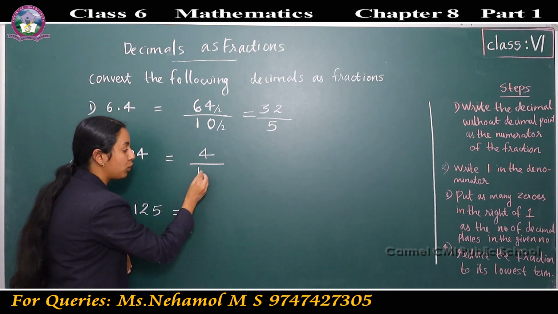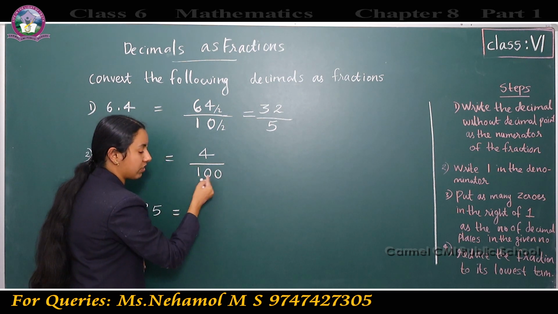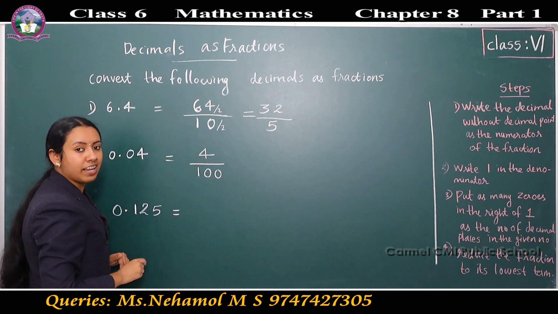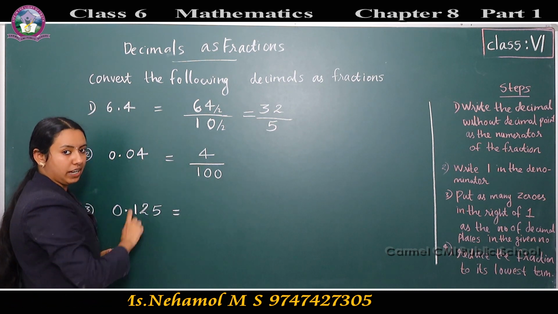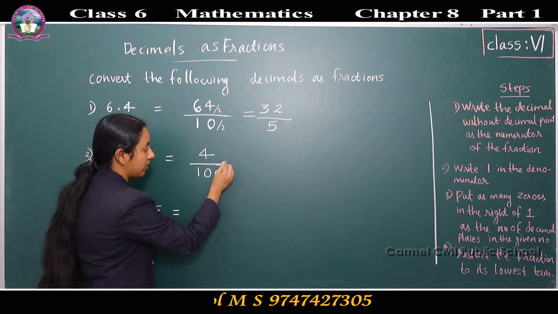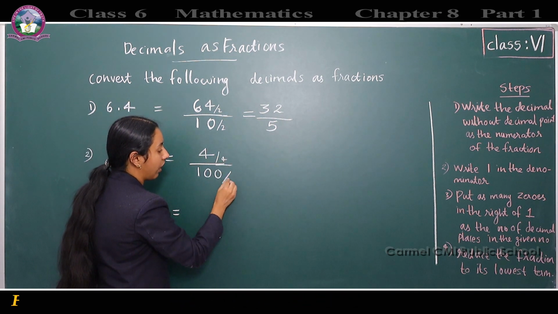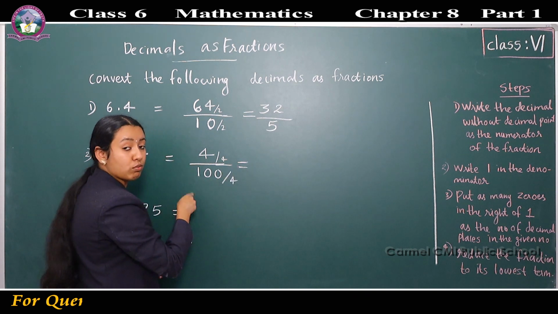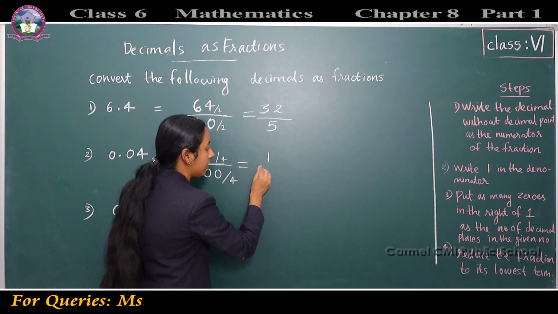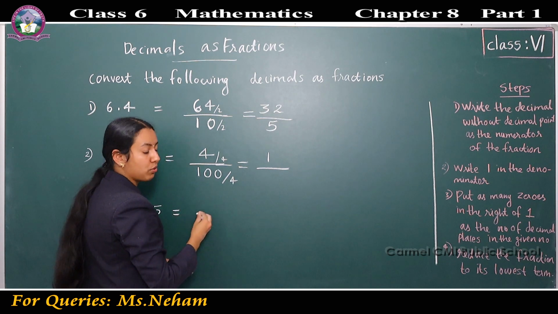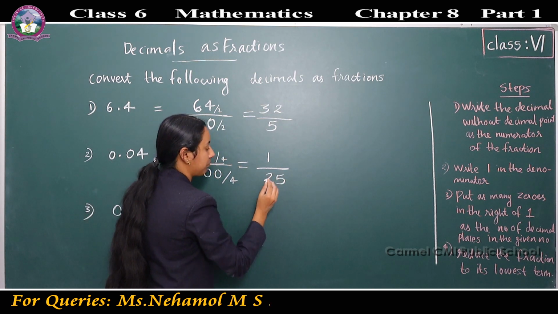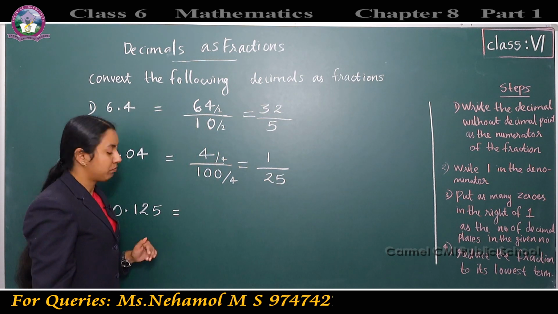So we have to put 2 zeros after the 1. 4 by 100. Then we can convert this fraction to its lowest term. 4 is divisible by 4, 100 is also divisible by 4. 4 by 4 is 1, 100 by 4 is 25. So 1 by 25.